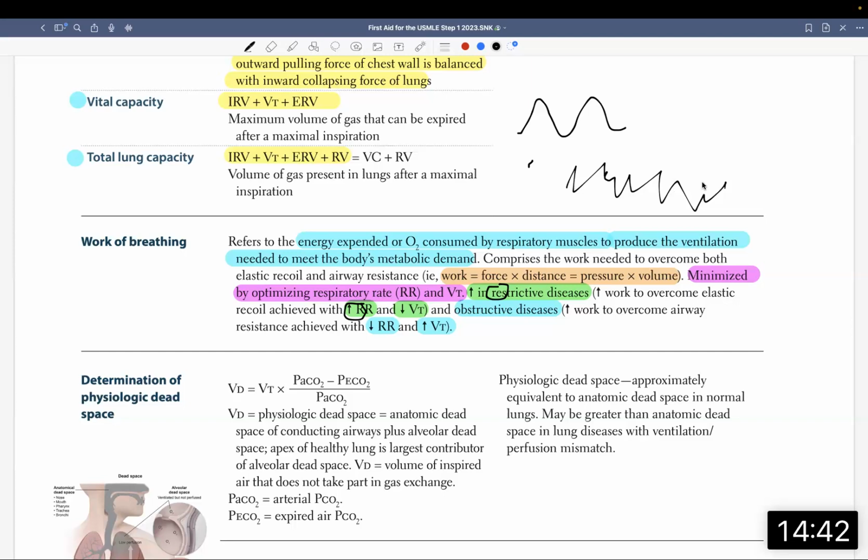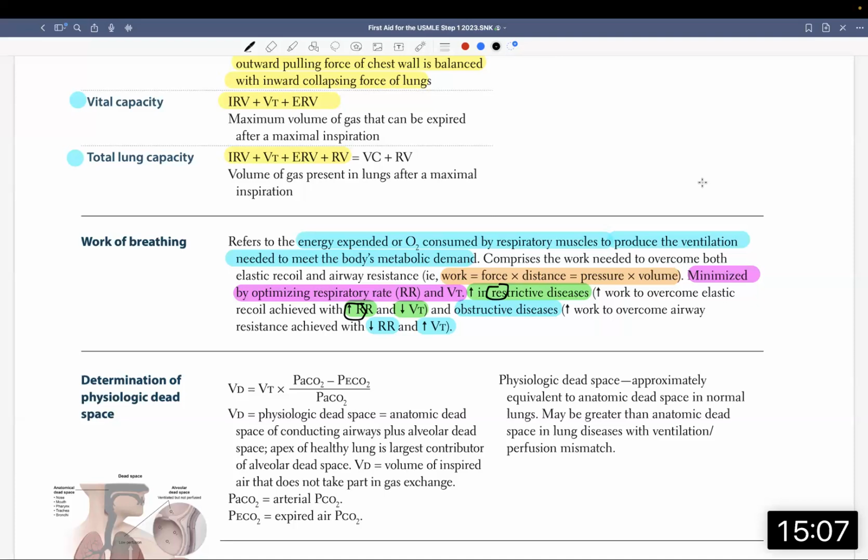Sarah, I think of pink puffer in obstructive. The respiratory rate is not increased, but they have deep breathing. They're just having deep breaths, and respiratory rate is decreased in pink puffer. They're holding their breath.